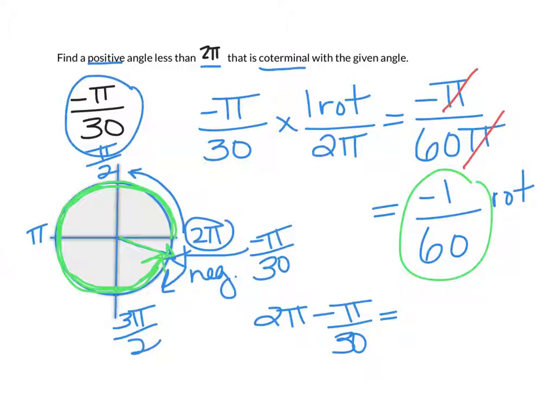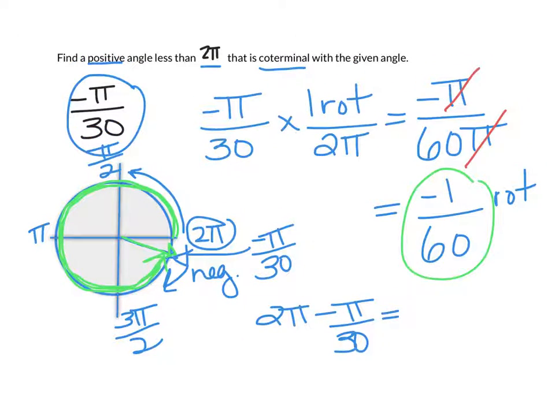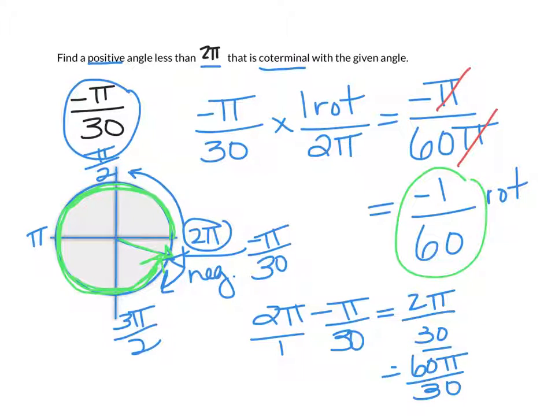So if I want to have 2 pi but with the same denominator of 30 so that I can subtract these, I'm going to say, okay, 1 goes into 30 30 times. 30 times 2 is 60, so 60 pi over 30 is the same as 2 pi.